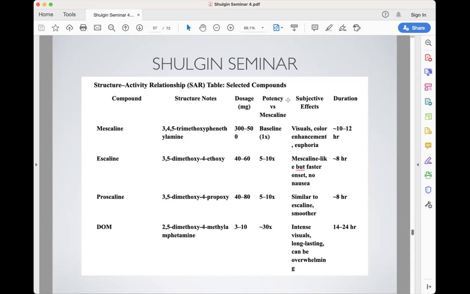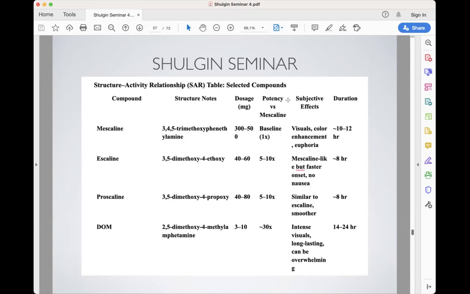What is interesting is that they are not listed in alphabetical order like in PiHKAL, but they are, so to speak, developed structurally in a progressive order. Out of the basic structure, there is a structural progression.